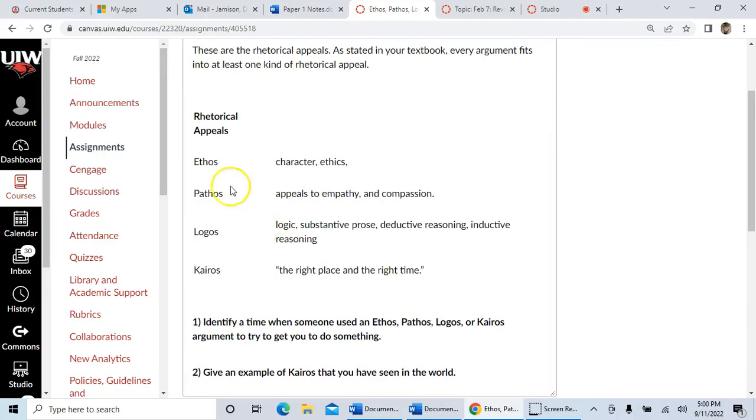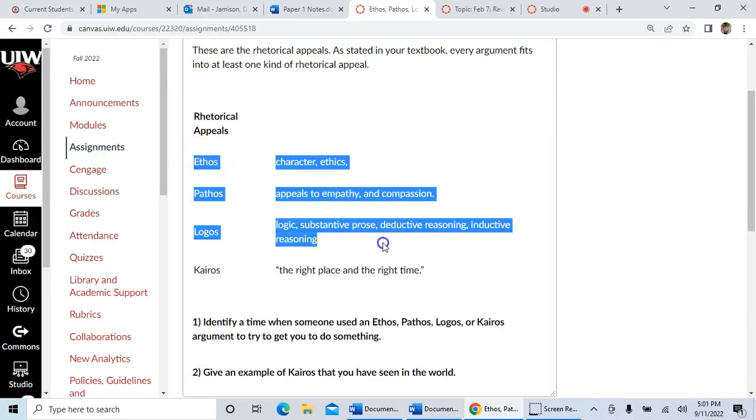Okay, so you've heard of these first 3 before. Ethos is two different things. It's either an appeal to ethics, or an appeal to someone's character. So these are all different kinds of arguments that you can make.